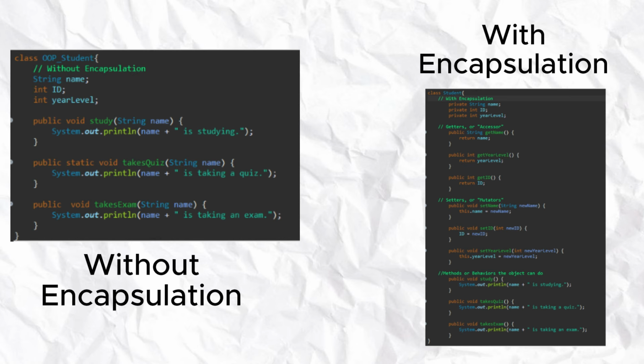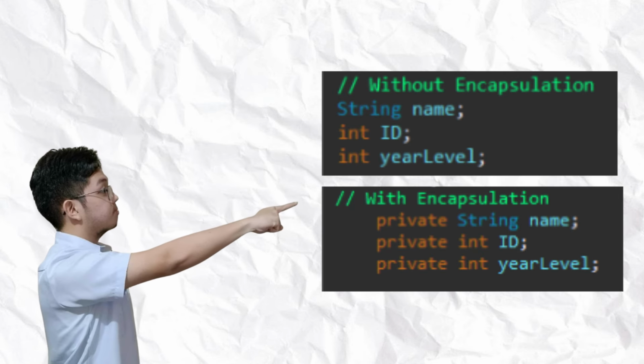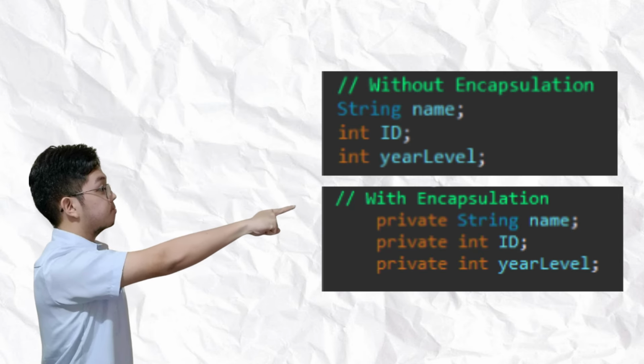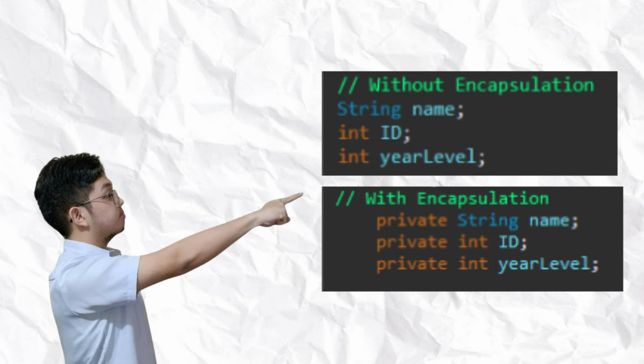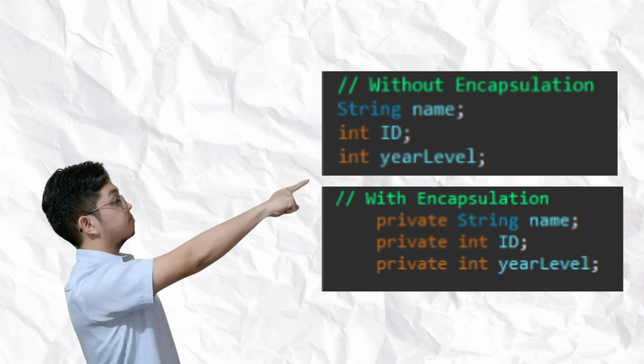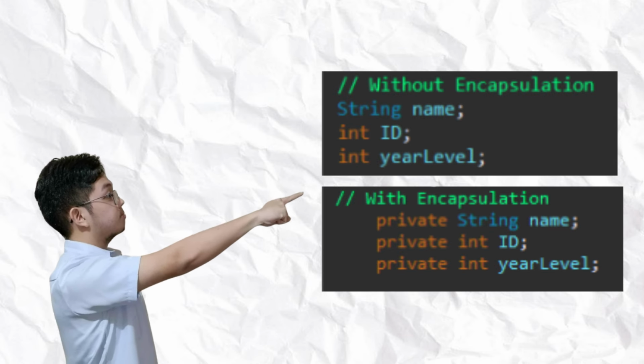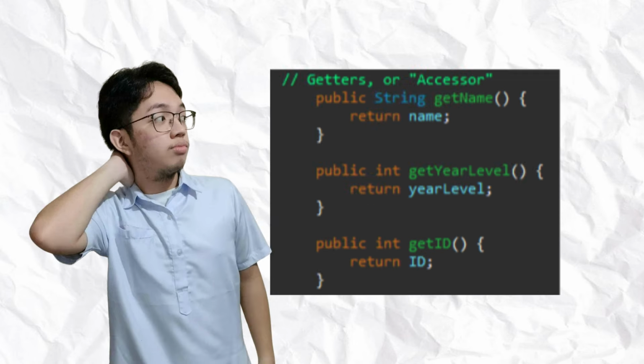Basically, in implementing encapsulation, we need to change the access modifiers of our instance variables from default to private. Then, create getters and setters for each instance variable with a public access modifier. Or don't make all of them, depending on if you demand it or not.